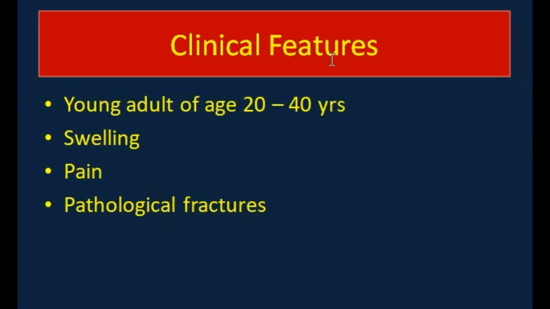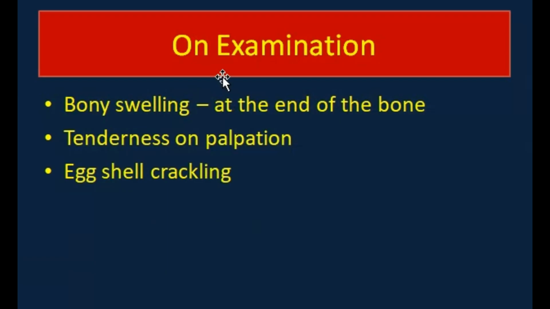Now, if you look at the clinical features, it happens mostly, like I said, in a young adult of age 20 to 40 years, and they will present with swelling in the bone, pain, and there might also be a complaint of pathological fractures. Since it's a lytic lesion, it will cause pathological fractures. So, a young adult with complaints of swelling, pain, and pathological fractures. What we see on examination is a bony swelling at the end of the bone.